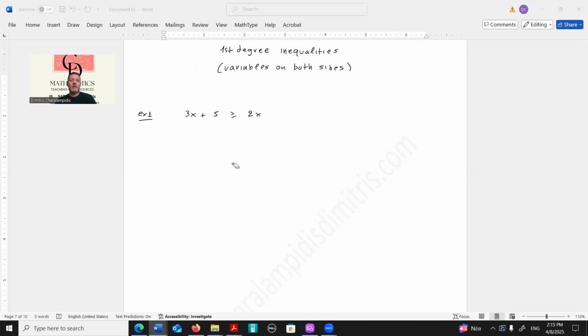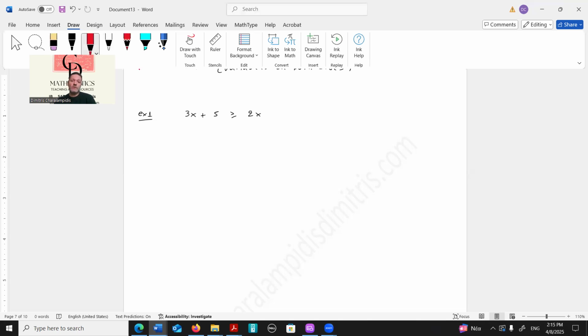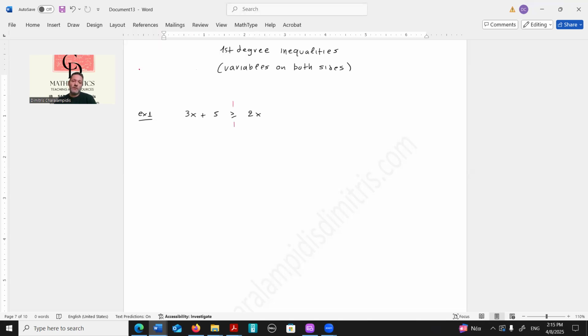3x plus 5 is greater or equal than 2x. As you should all know by now, the way I'm solving these cases is by first visualizing an imaginary auxiliary line, a line that will help us, that separates the left-hand side of the inequality from the right-hand side.